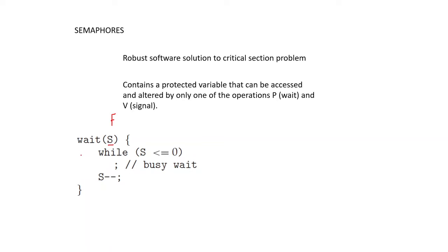That is done using this while loop: while the value of S is less than or equal to 0. Now less than or equal to 0 in our example means the food is 0, which means there is no food on the table. So we will need to keep waiting.